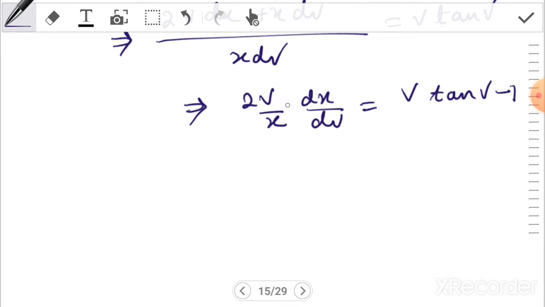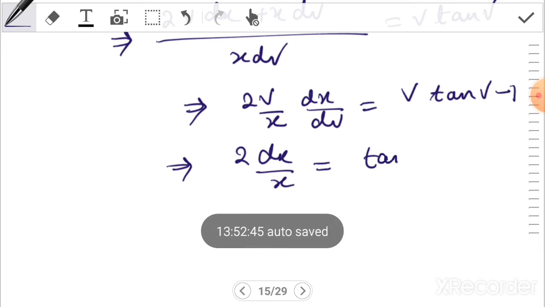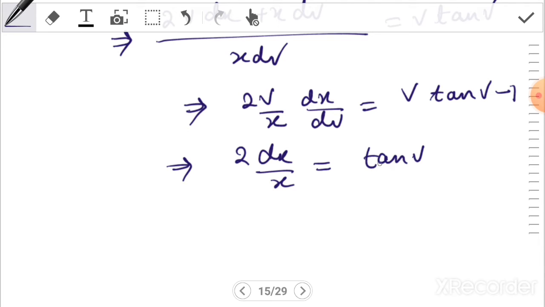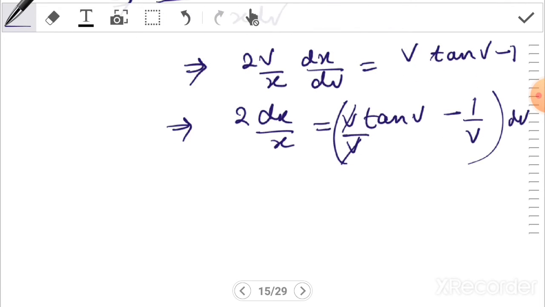And we can take v on the right hand side. 2 dx by x is equal to tan v by v, so we get cancelled, minus 1 by v dv. Now this is in the variable separable form.